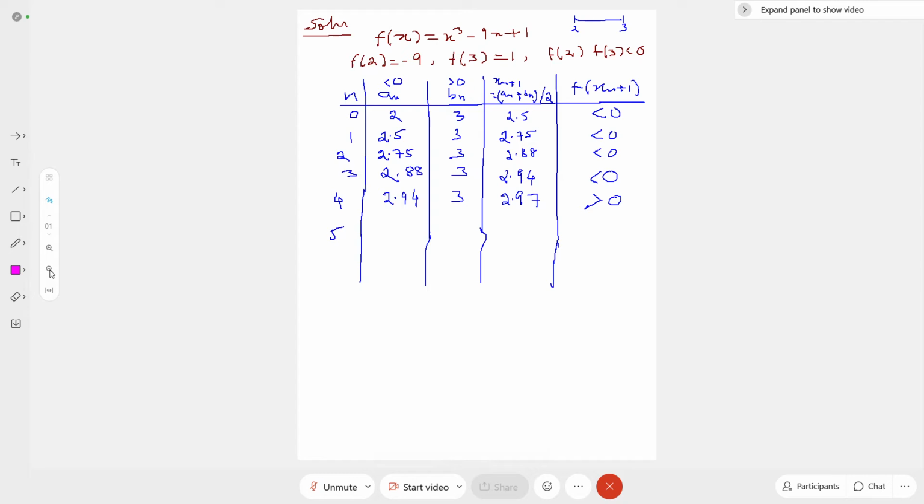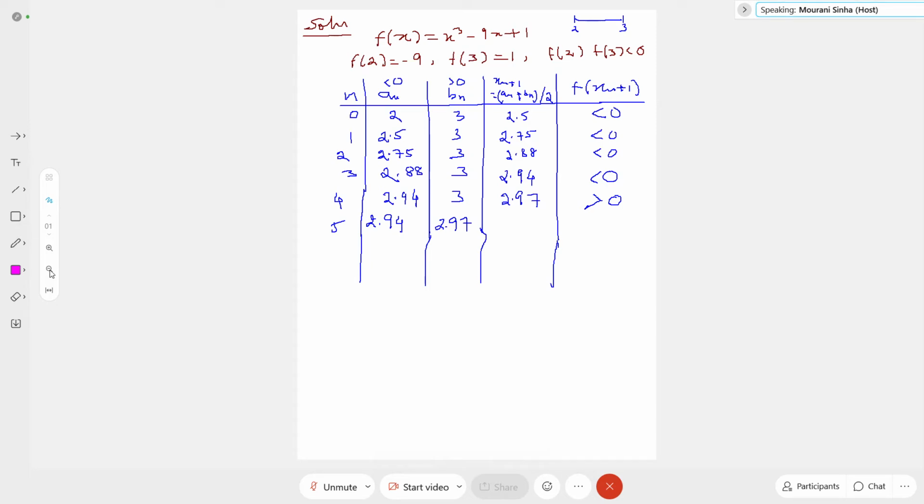Since the function is positive, the new xn plus 1 will go to the positive column.